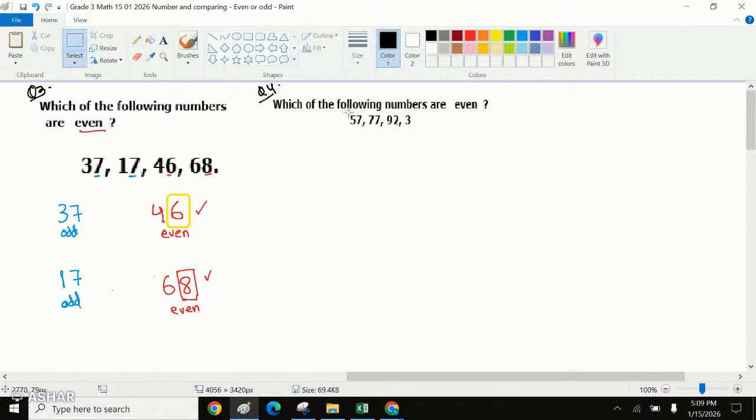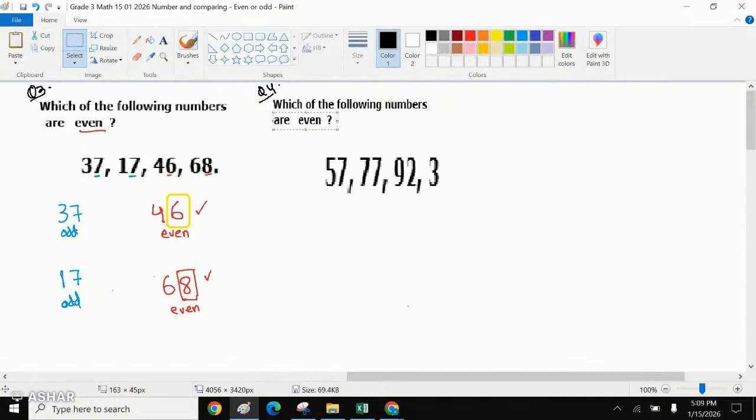And the numbers that are given to us are these numbers. We need to find the even numbers. A number ending with a 7 would be odd, right? A number ending with a 7 is an odd number.